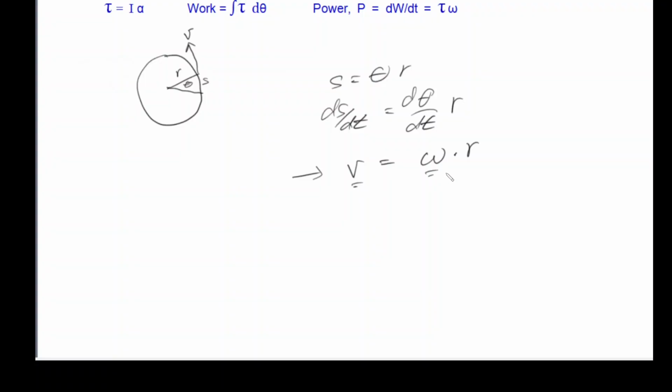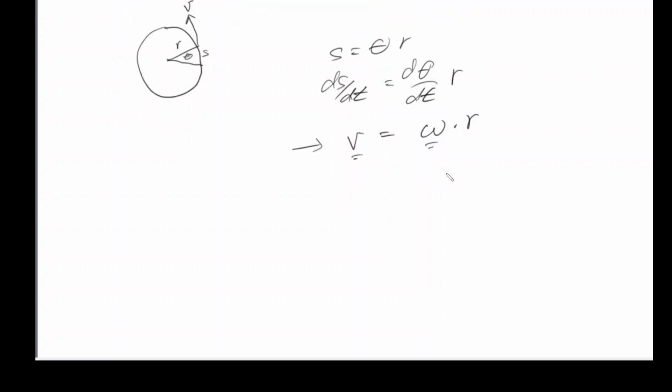Now, note that all points in a rotating body have the same angular speed, omega. But the linear speed, v, will vary as you increase r.